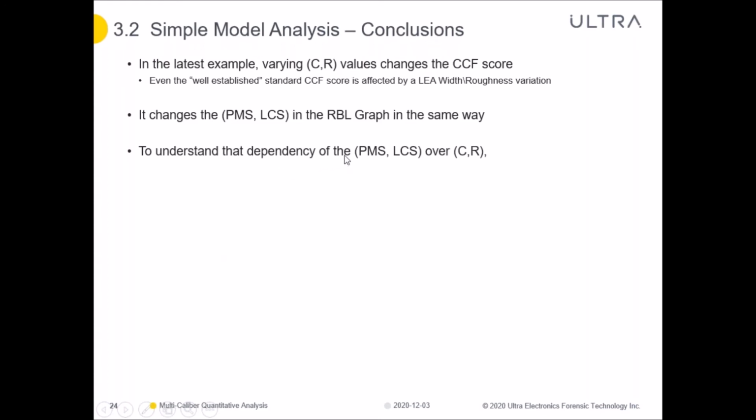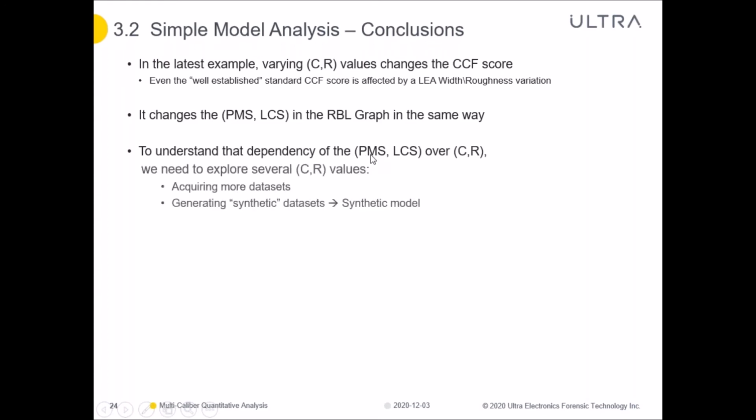So to understand that dependency of the pattern matching score and line counting score on CNR, we need to explore several CNR values, and there are only two ways to do it: acquiring way more data sets, or generating way more data sets synthetically. This is why we created our own synthetic model. I want to make clear that the synthetic model by itself is a topic.